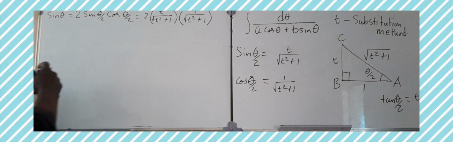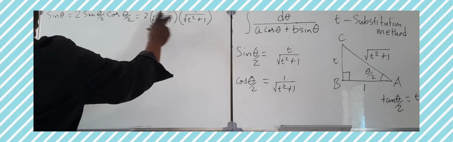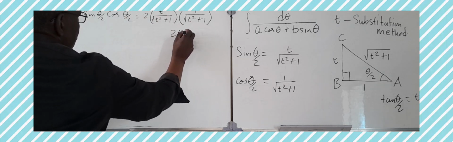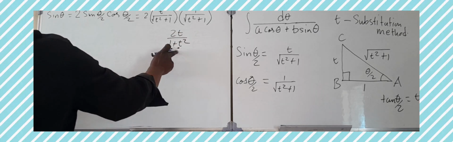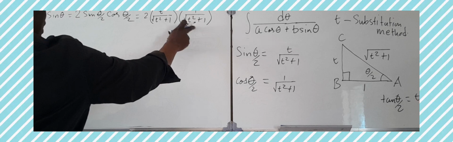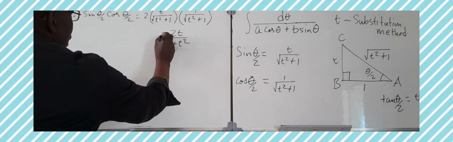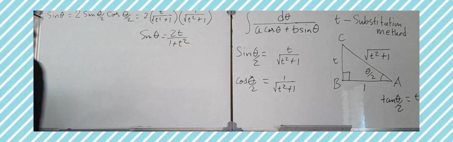The square root sign disappears, and on top we've got a 2t. So this becomes 2t over 1 plus t squared. So this is our sine of theta.